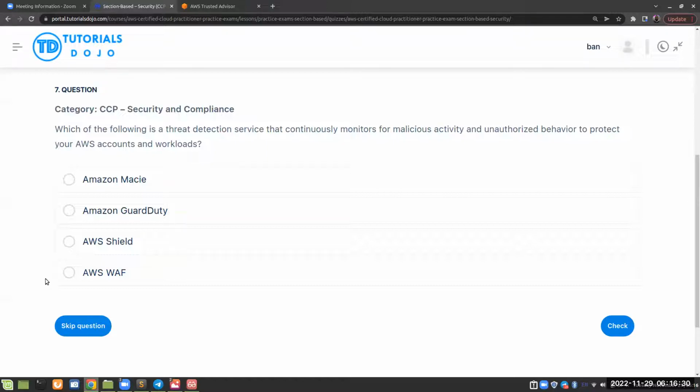Sandrine says D. Okay. So remember, which of the following is a threat detection service that continuously monitors for malicious activity and unauthorized behavior? Sandrine said D. That's AWS WAF, right? Protect AWS accounts and workloads.